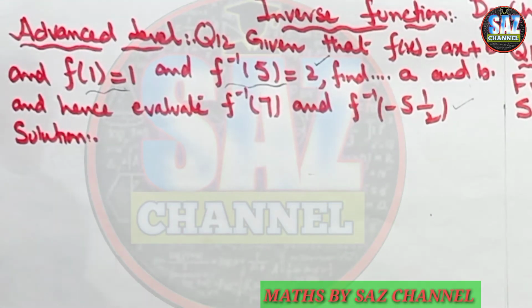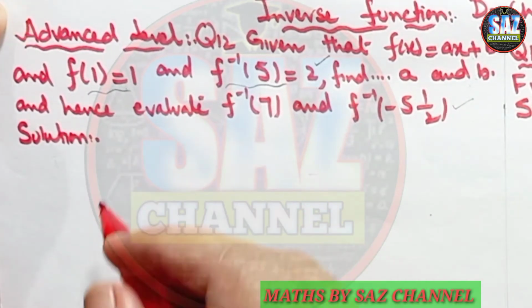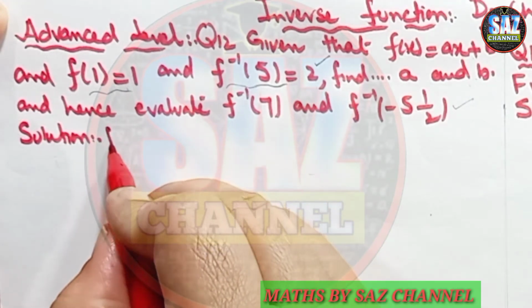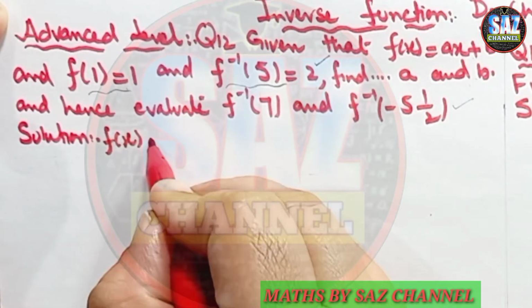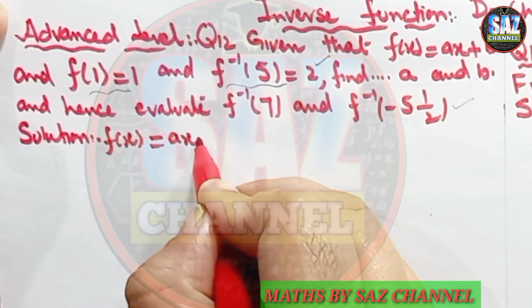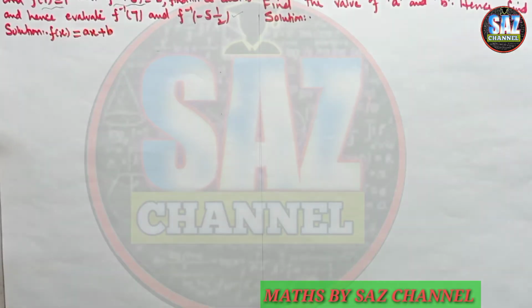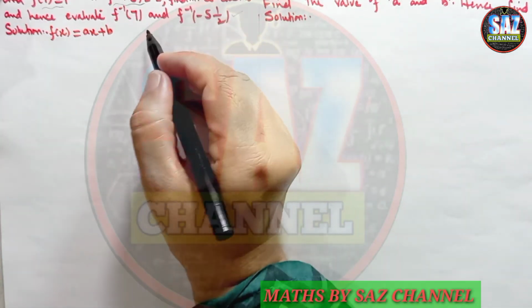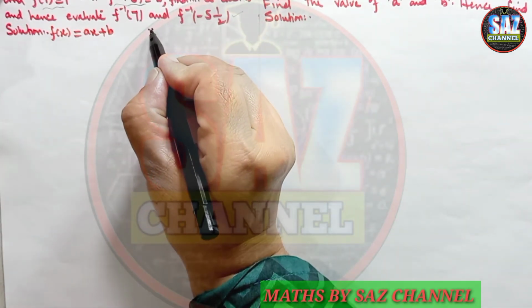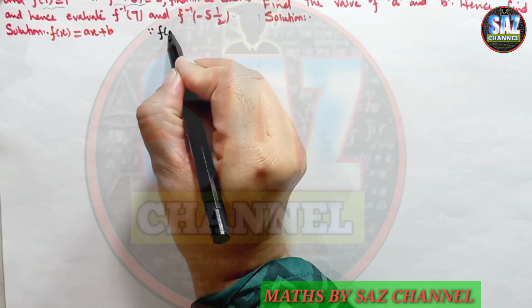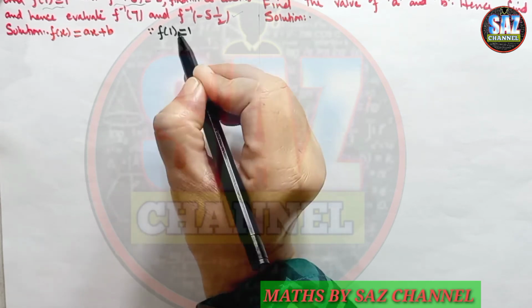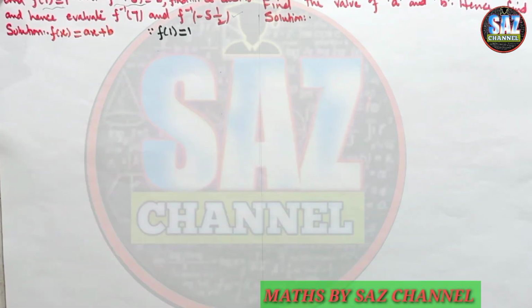The given function is f of x equals ax plus b. Now, the first condition given is that f of 1 equals 1.